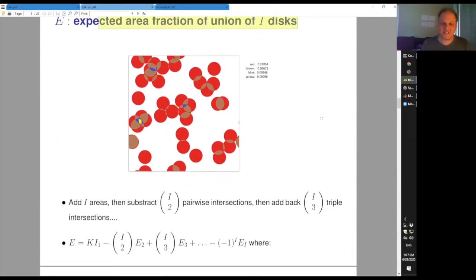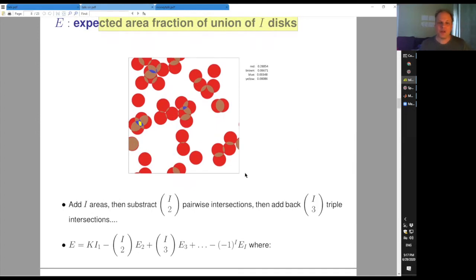Here's an example of what's going on. Here I have 20 disks, and there's a bunch of these intersections. If I want to compute the area of the union of these disks, I first sum up all of the disks. That's this quantity here. Oh, sorry, this should be I times E1.